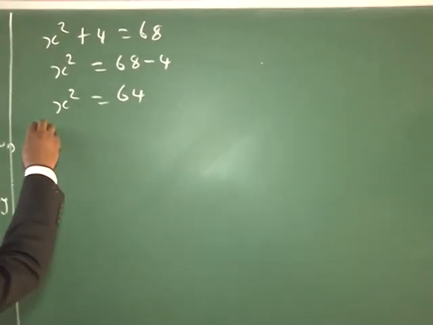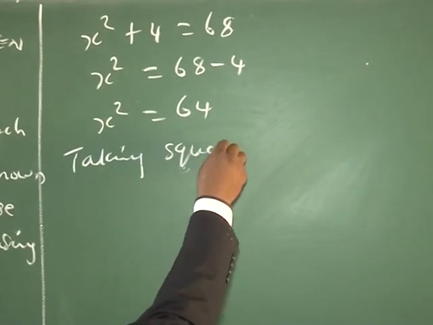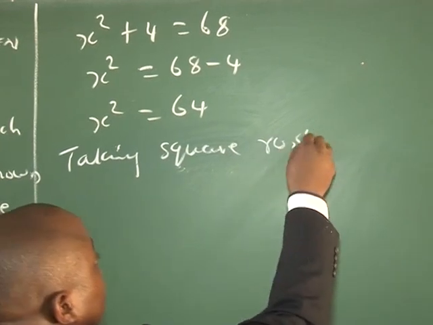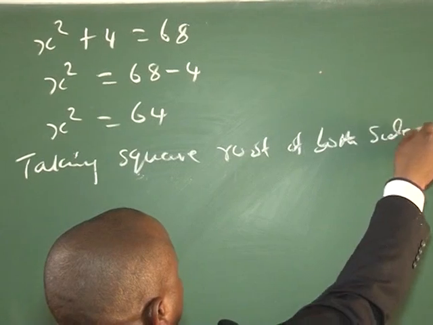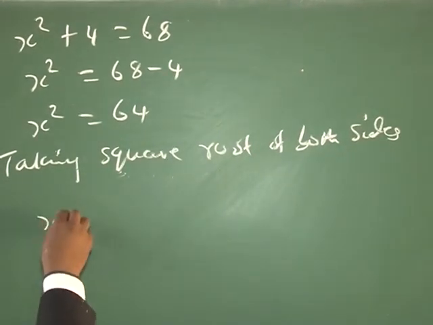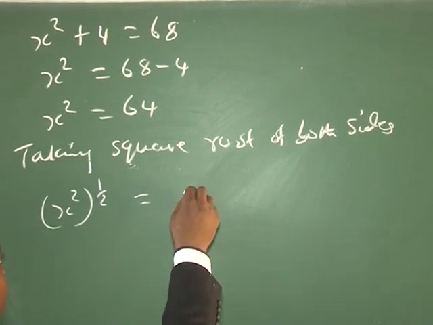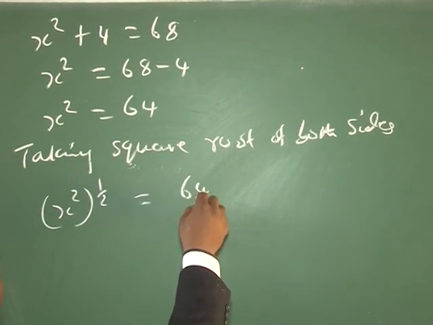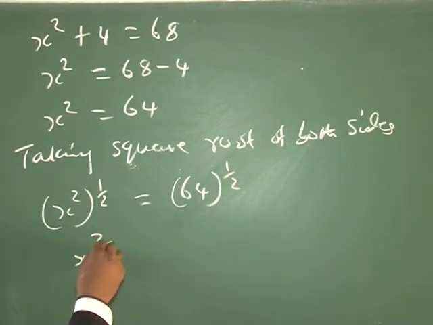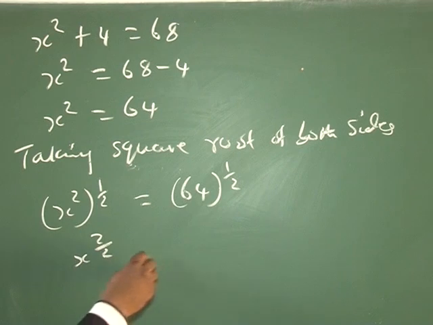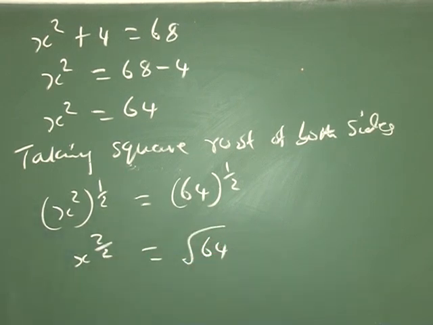So here we are going to take the square root of both sides. Taking the square root of both sides, we have x squared to the power 1 over 2 equals 64 to the power 1 over 2, which is x raised to 2 over 2, and this could be written as 64 square root.